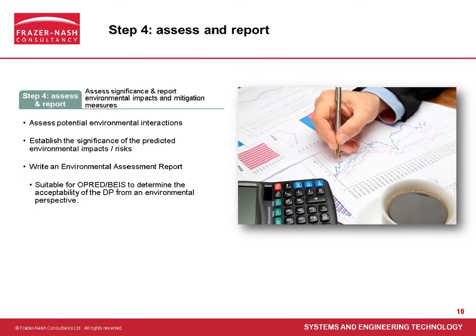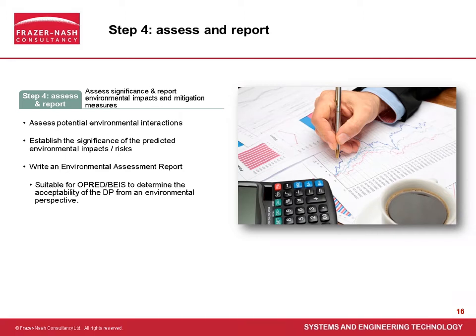Once the environmental baseline is understood and potential environmental interactions have been identified, it should be possible to generate a long list of potential environmental impacts and risks based upon the results of the MHAS-ID that have been undertaken at an earlier stage. It should then be possible to further assess and prioritize those impacts and risks considered to be significant.